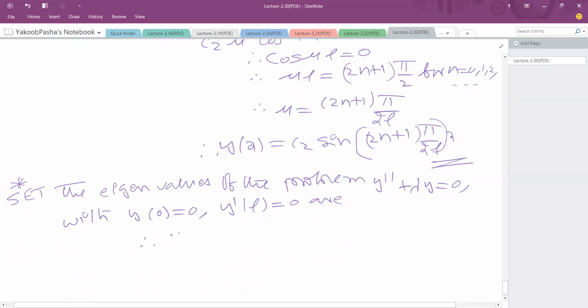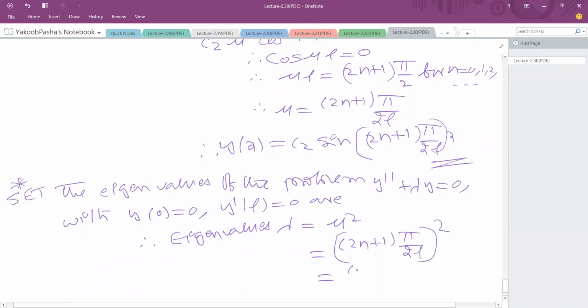Therefore eigenvalues lambda is equal to mu square, positive values, where mu is 2n plus 1 pi by 2L, its whole square.